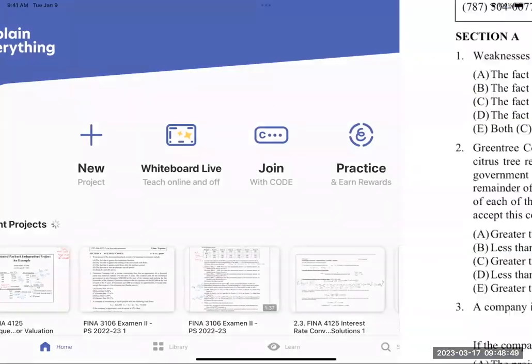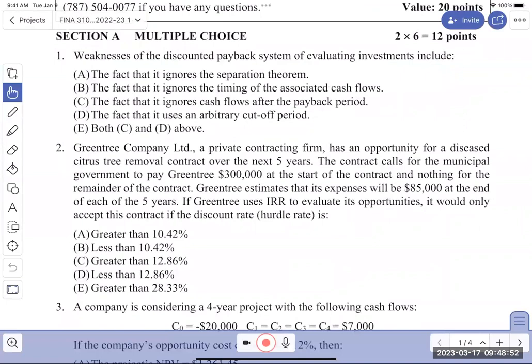All right, so let's go back to the question. Let's see if you can answer it. You can put it in the chat or you can tell me. Come on, are you guys listening?